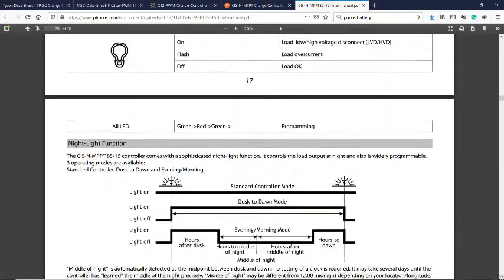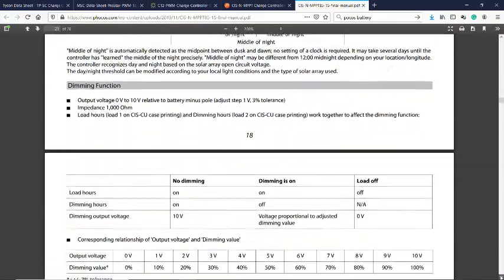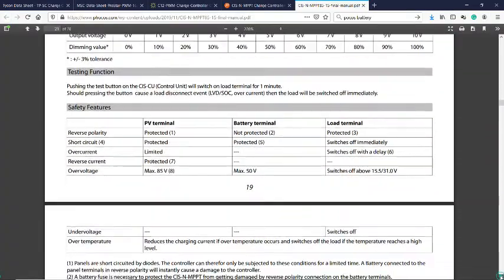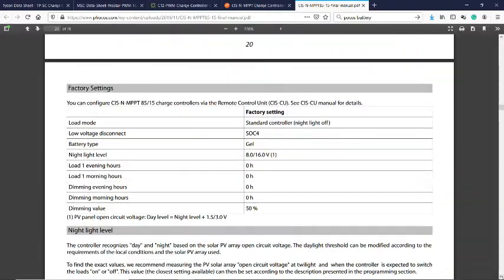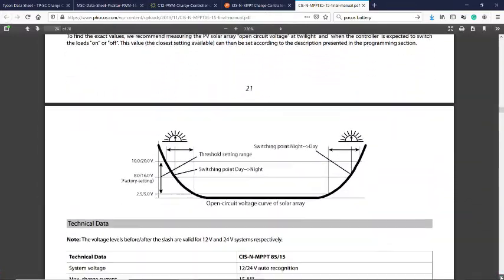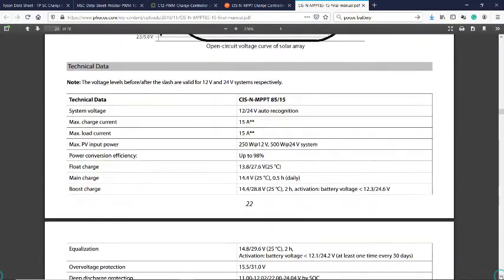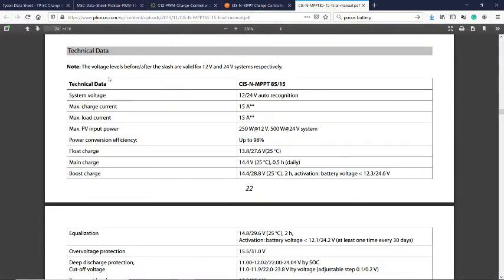So this is all the indicator. Okay. So this is the technical data. So system voltage can be 12 volt or 24 volt. So this is the maximum charge current, 50 ampere, maximum load current also 15 ampere.